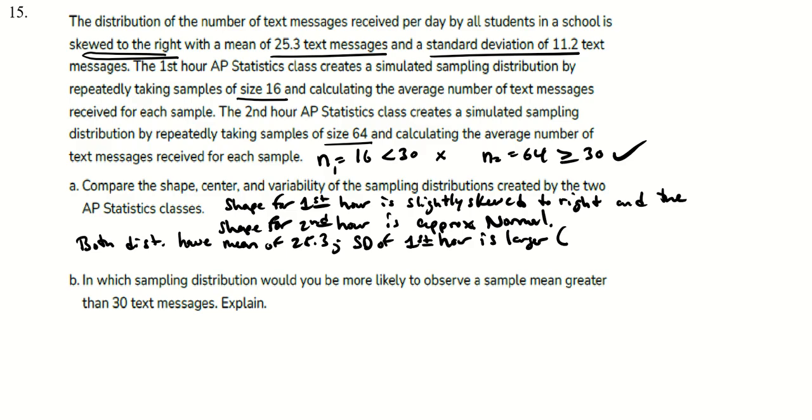So we're going to calculate that. Let's calculate that over here. Sigma 1, sigma 2. It's going to be sigma over square root of n. So 11.2 over square root of 16, and this is 11.2 over square root of 64. Now the square root of 64 is 8, so it's 11.2 divided by 8. This is 11.2 divided by 4.